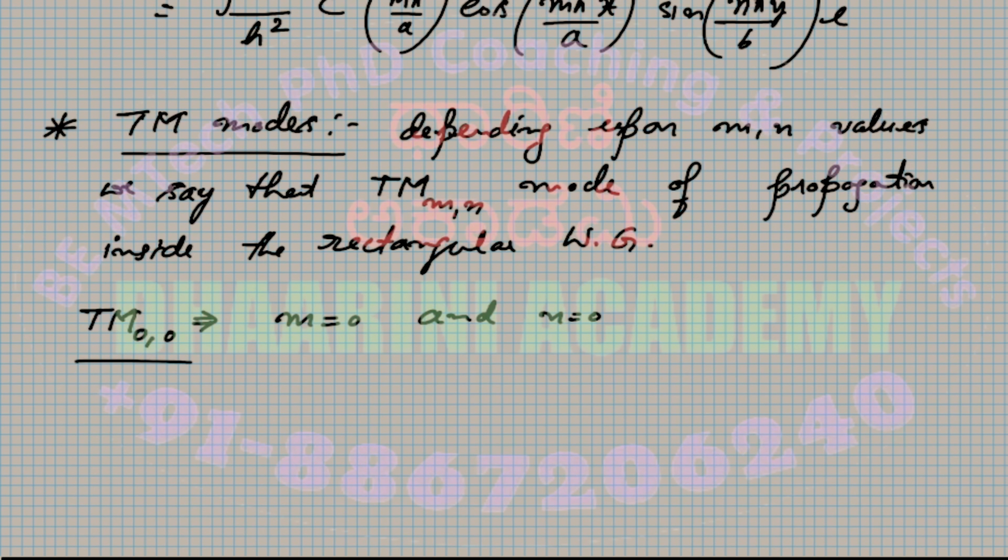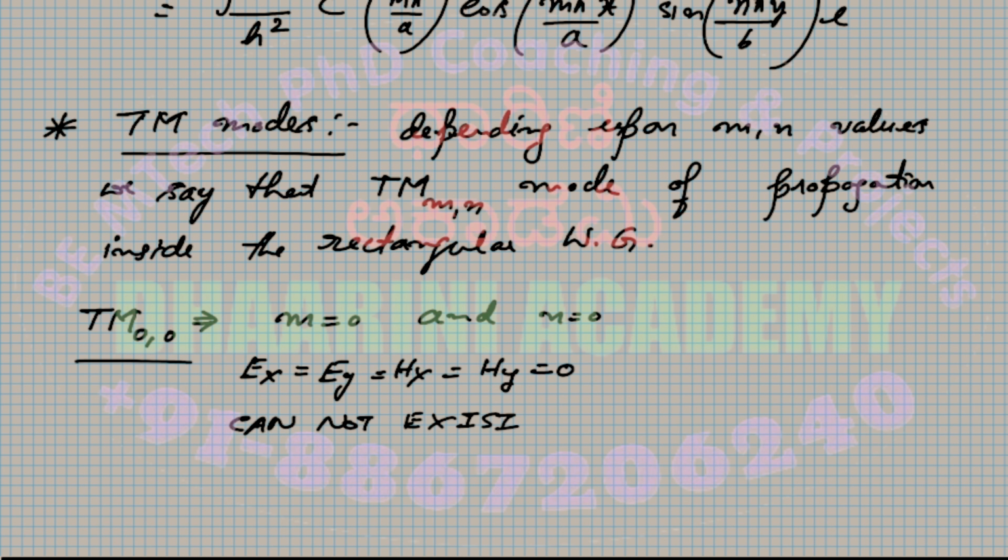So TM 0, comma 0 means all the fields, I can directly write, Ex equal to Ey equal to Hx equal to Hy equal to 0. That means this mode TM00 cannot exist inside the rectangular waveguide.